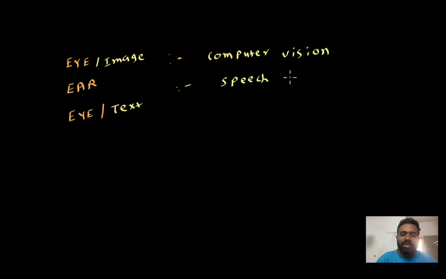So these are various branches that evolved out of this data science domain. And if it is text, then it is generally referred to as natural language processing, or NLP.